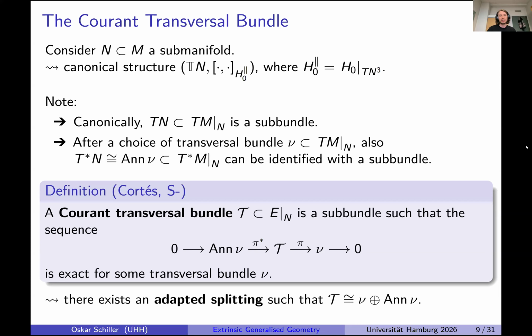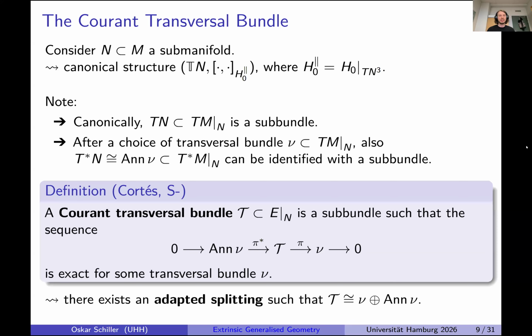So you can see this because in order to include the cotangent bundle, I view it as a subbundle of the cotangent bundle over the ambient space, you have to choose a transversal bundle, because then you can identify the cotangent bundle canonically with the annihilator of the transversal bundle.